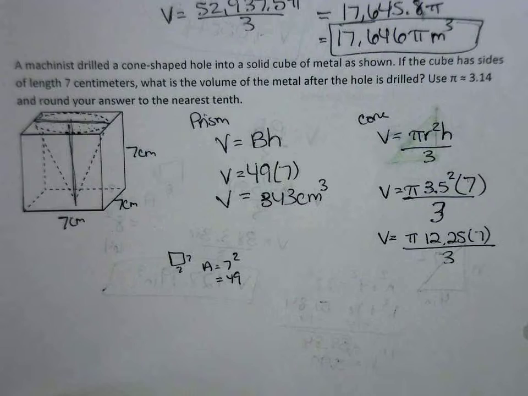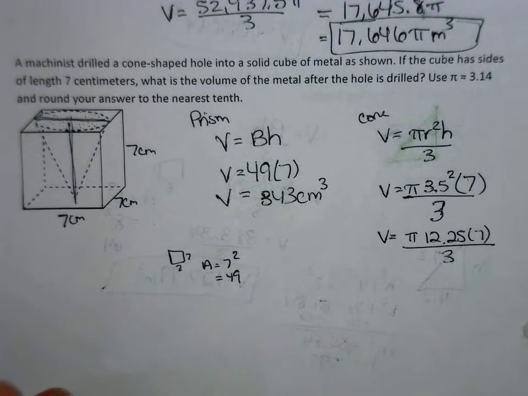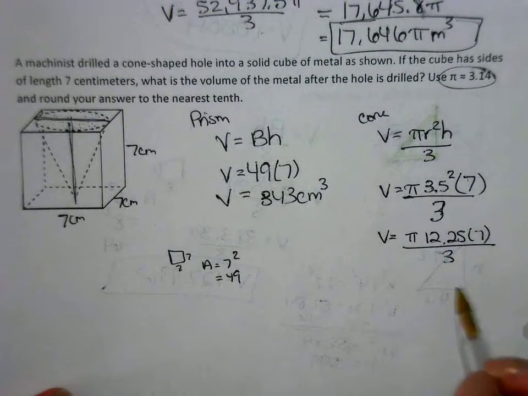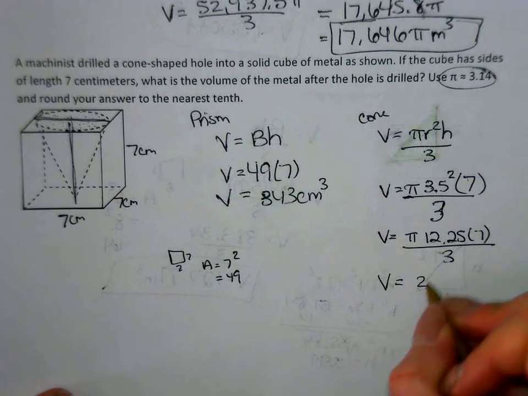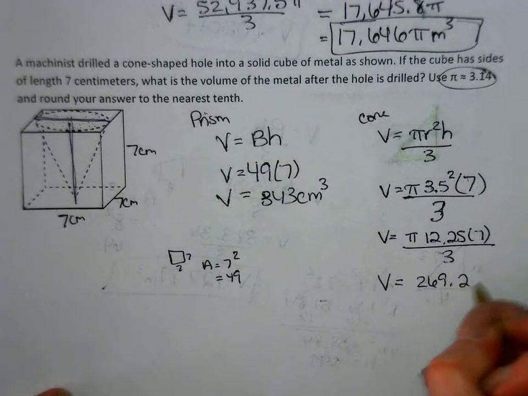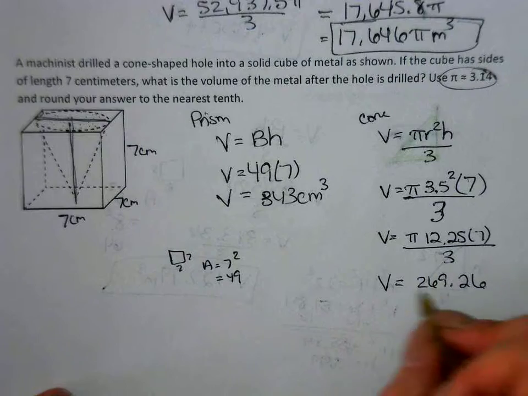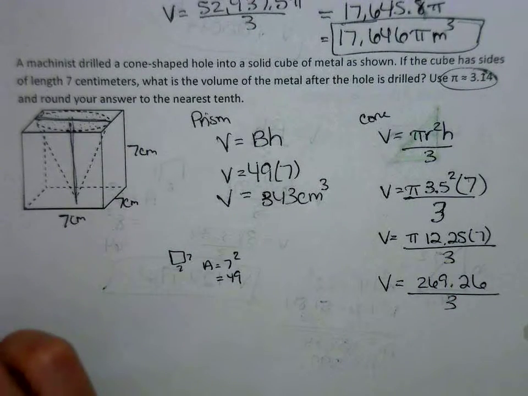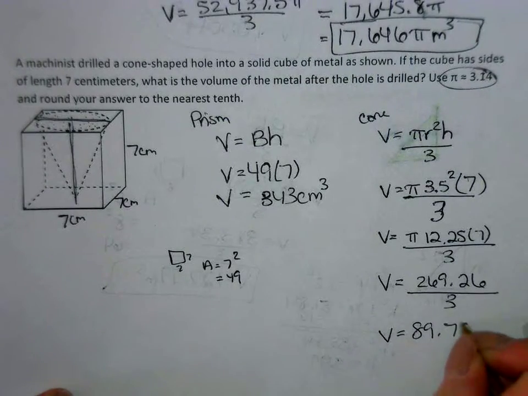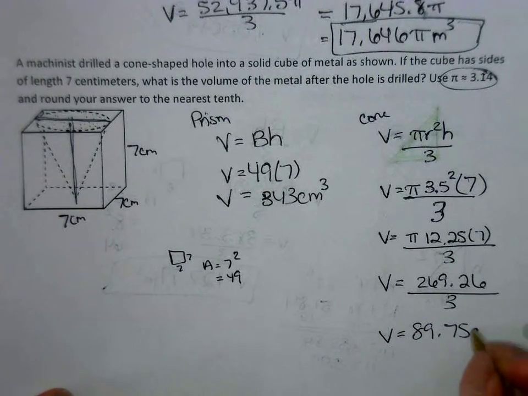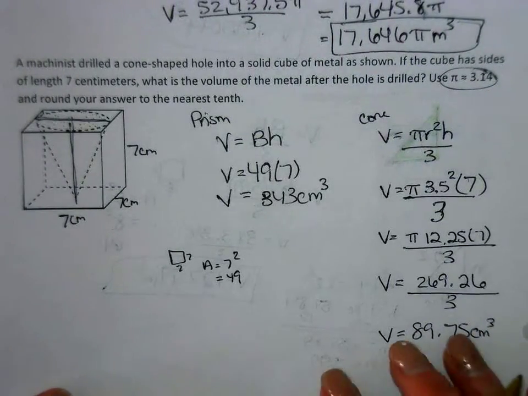Times 7. This is not in terms of pi, so we're using 3.14. So 3.14 times 12 2500ths times 7 is 269 2600ths divided by 3. The volume equals 89 7500ths centimeters cubed.